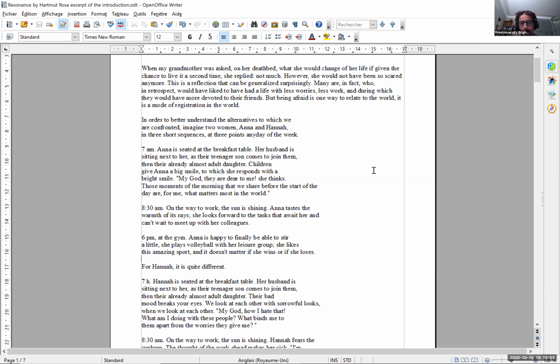Anna is happy to finally be able to stir a little. She plays volleyball with her leisure group. She likes this amazing sport, and it does not matter if she wins or if she loses. A bit of resonance. Yeah, so those two examples, those two ladies, they are what we have already called what?